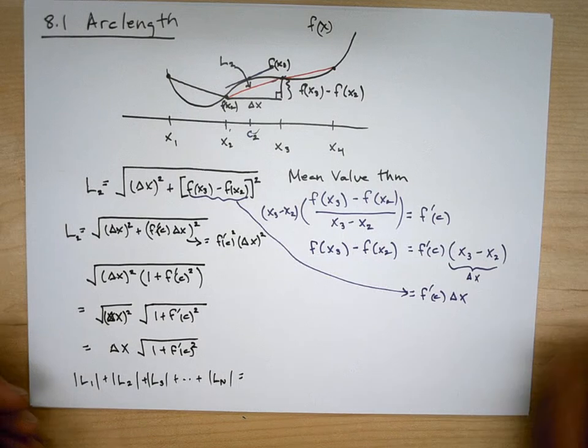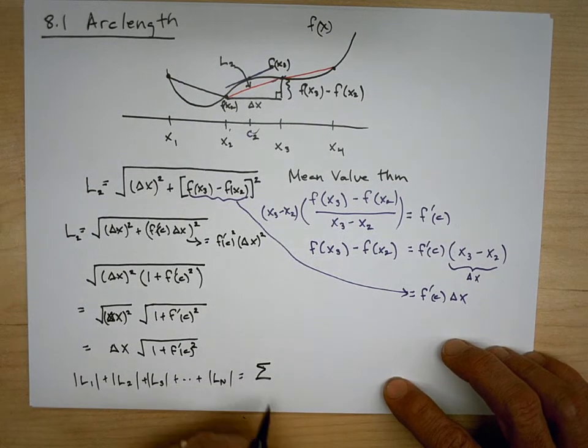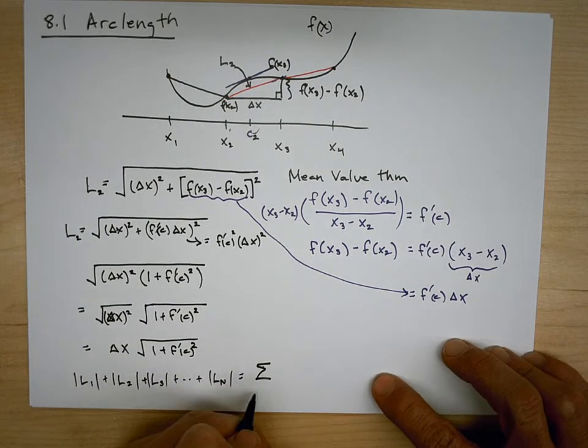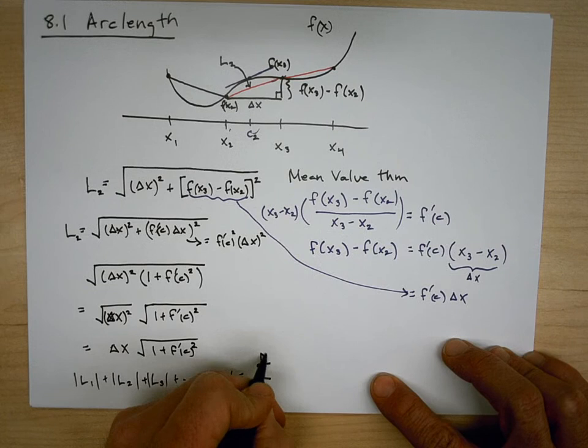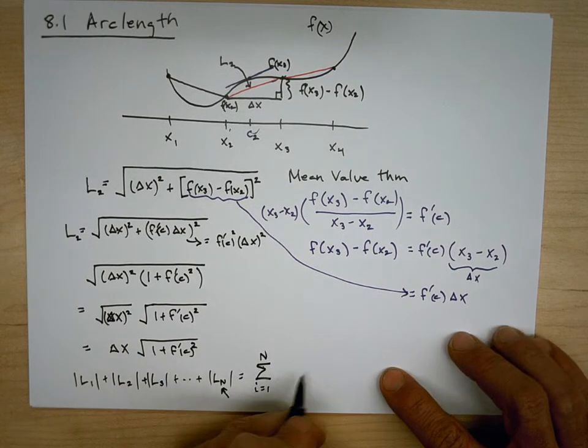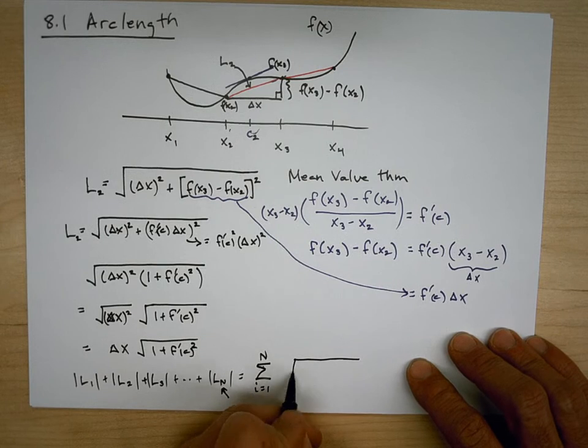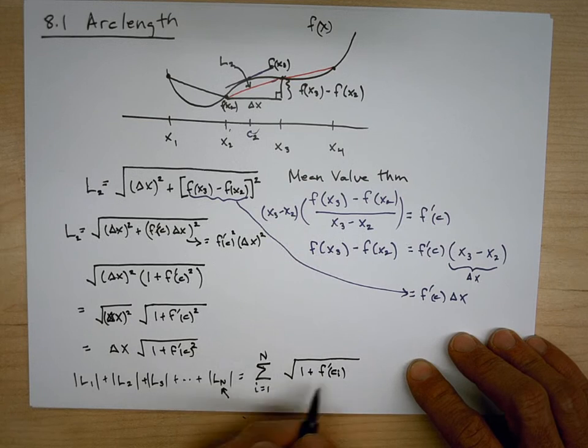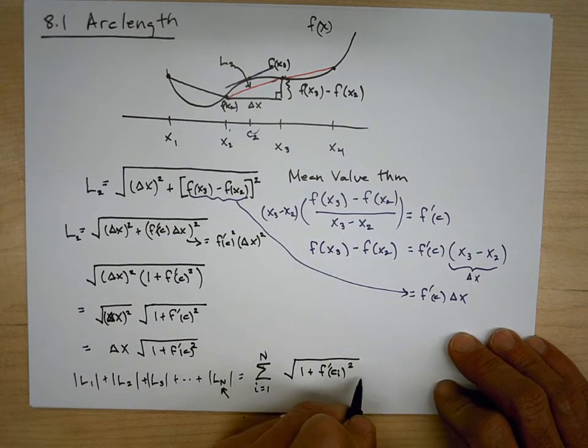So we're going to sum these up from i equals 1 up to n, because we have n lengths that we're adding up, and it's going to be the square root of 1 plus f prime of c sub i squared, where c sub i means whichever interval we're in, we take that point, and then times delta x i.